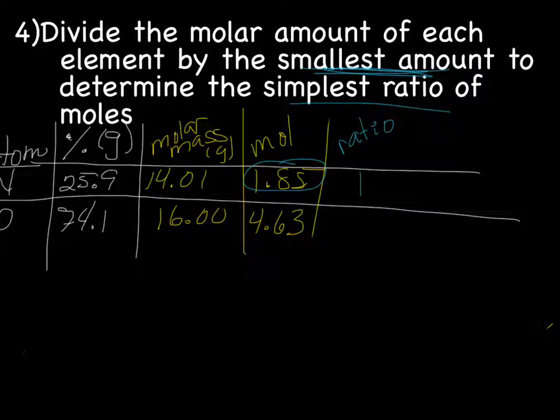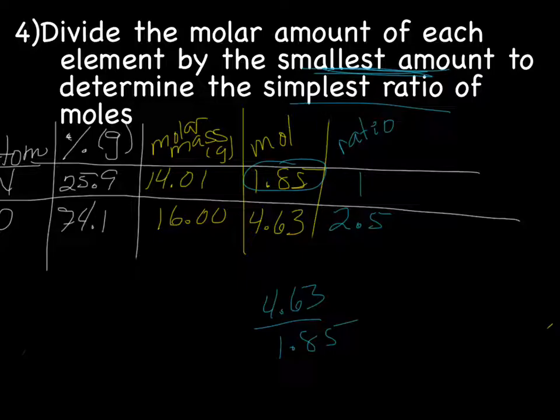Then 4.63 divided by 1.85 gives us 2.50. Okay, easy enough?